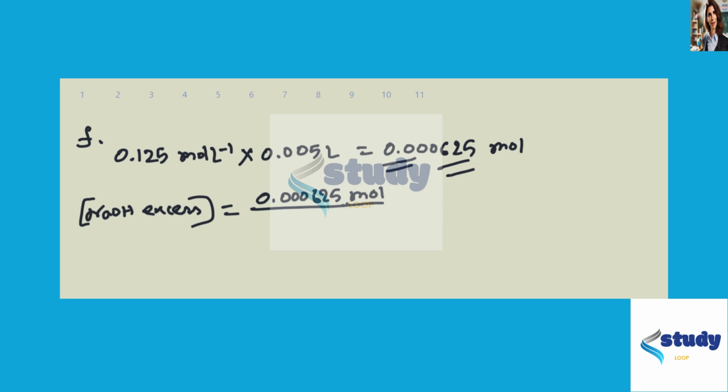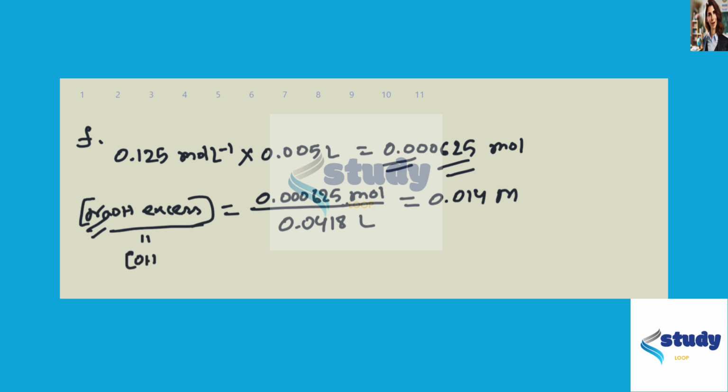So in total, we have 41.8 milliliter, or 0.0418 liter. So from there, we will have the concentration of the excess sodium hydroxide we have added here. That will be 0.014 molar.